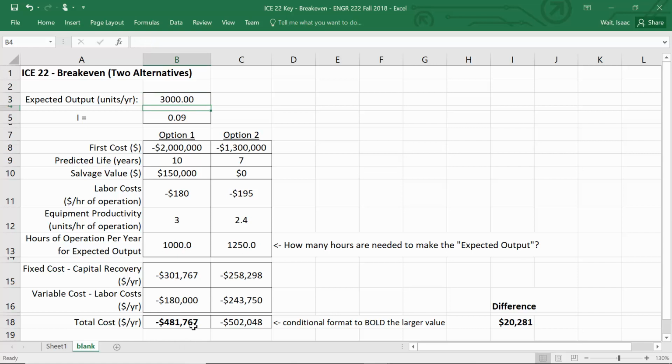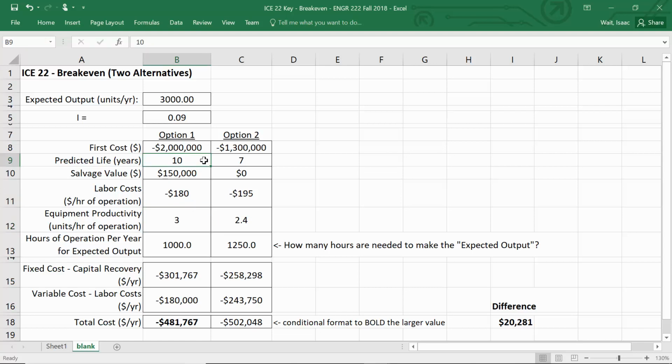It has the lower costs. And here you can see I've calculated the difference in cost between the two. So now at 3,000 units per year, even though option 1 costs more to get off the ground, it has a higher first cost, that lower labor cost and the improved productivity makes it a better choice.